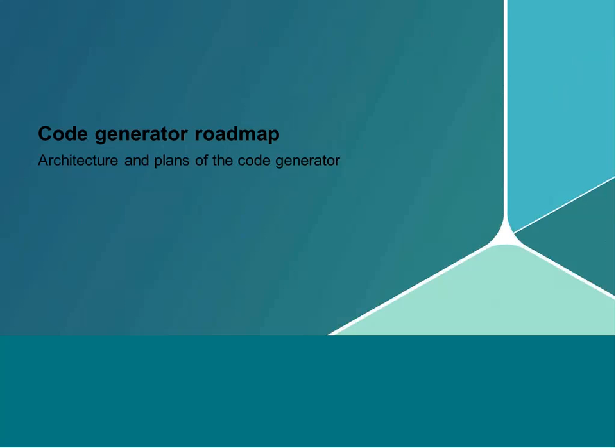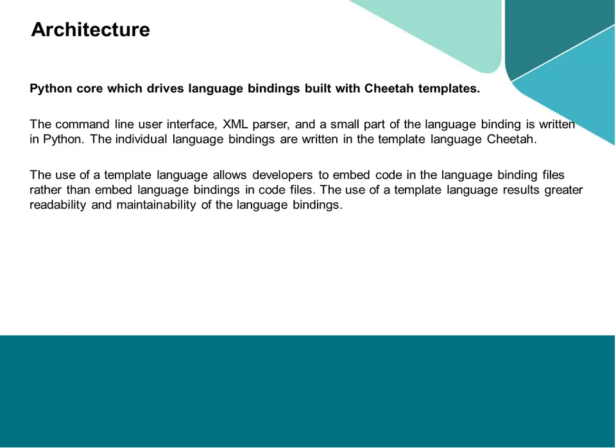So this is just the first version of this. We expect that there'll be need for other language bindings, and so we made the code generator easily extensible. The core of the application is written in Python, and that does the XML parsing and builds structures and creates an internal representation of the service for both the client and the service side of things.